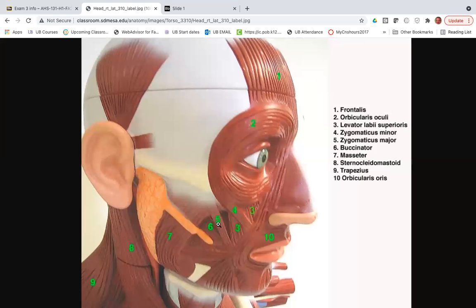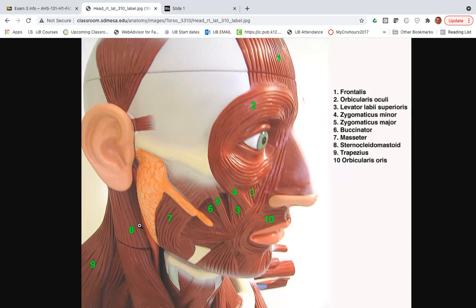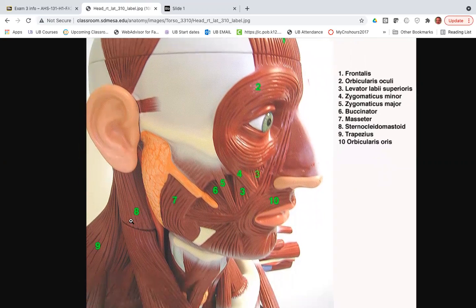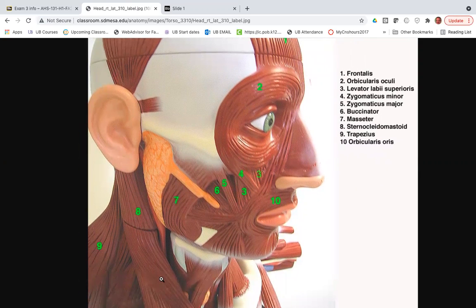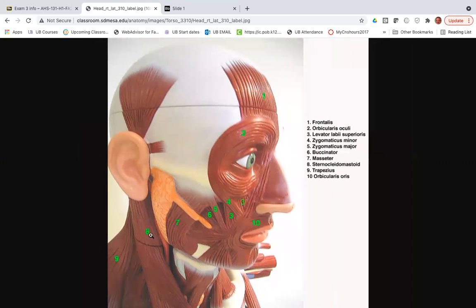Number 5 is the zygomaticus major. And then here in that little circle, that deep trumpet muscle is the buccinator. Number 7 is the masseter. Here's the parotid gland. Sternocleidomastoid. And then the upper fibers of the trapezius. This would be the auricularis.